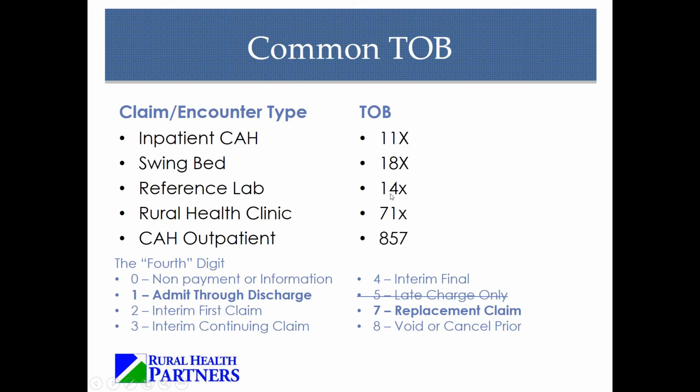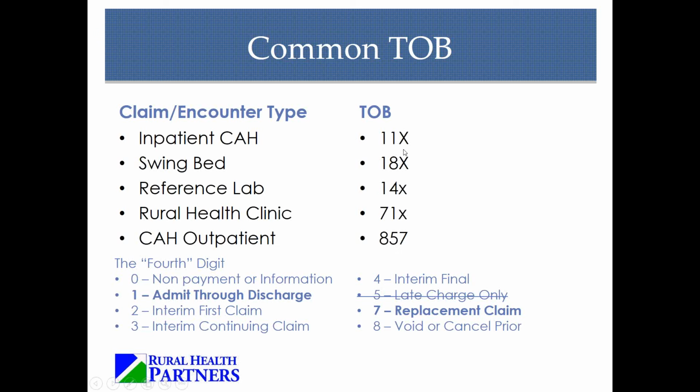Example, if Red Rocks drew the blood and sent it over, it wasn't drawn by an employee, so that's called a reference lab. So you can see lab tests done in our hospital that are an 851 or a 141, depending on the location where the blood's drawn.